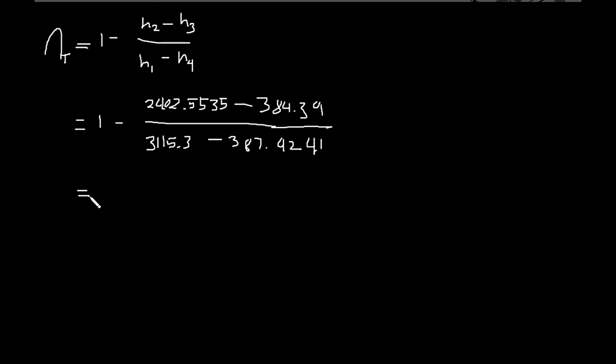Then subtract that from 1, so the answer is 0.2602, which is equal to 26.02%. And let's use blue. This is the final answer. And that's how you solve an ideal Rankine cycle.